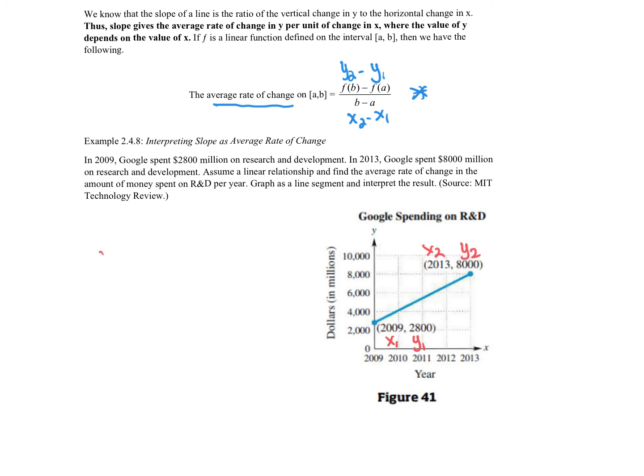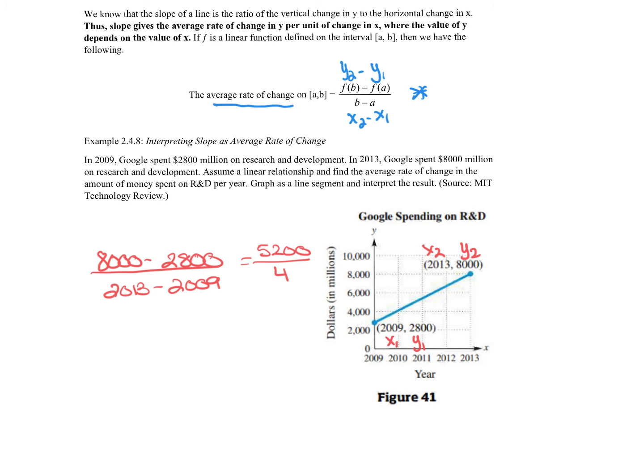So I'm going to do 8,000 minus 2,800 over 2013 minus 2009. On the top, you're going to get 5,200 over 4. And please don't write that as your final answer.